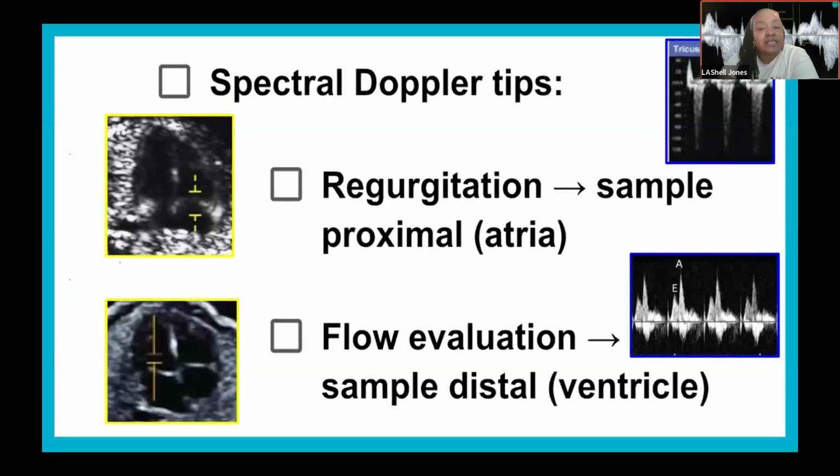Now, if you're assessing normal valve flow for that E/A ratio, or the monophasic velocities of the aortic and pulmonary valves, you want to place your gate distal, within the ventricle at the leaflet tips, to get those waveforms. Okay, so those are just techniques to remember.